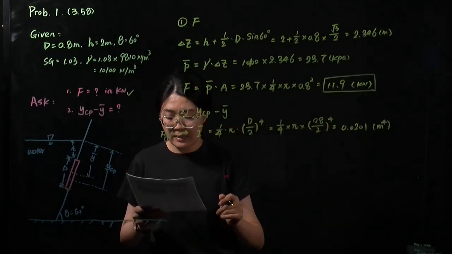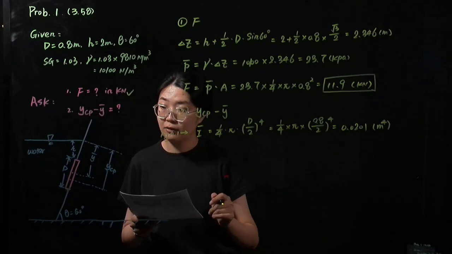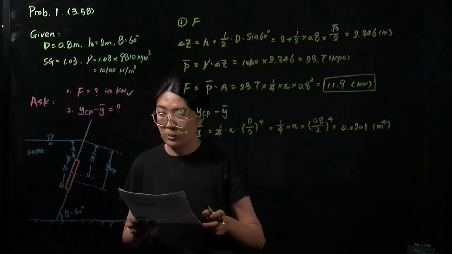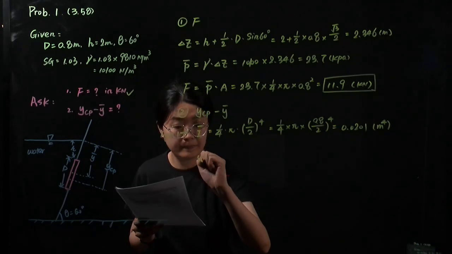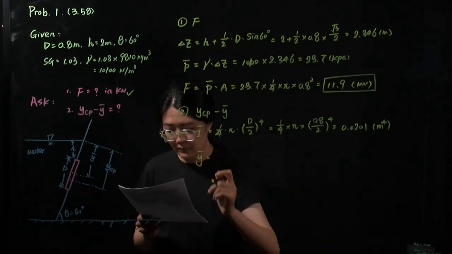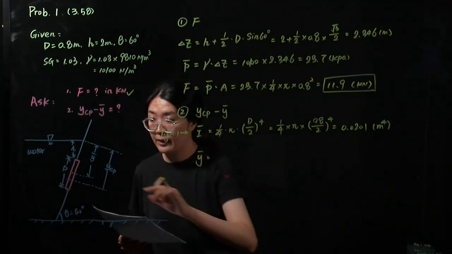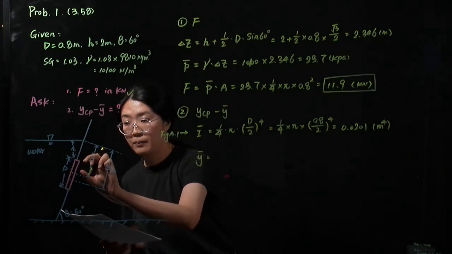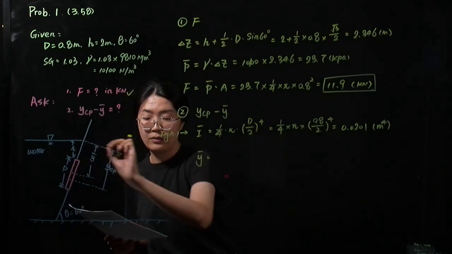Now, the next step, we should calculate the distance from the centroid to the surface. It's y bar. The y bar should equal half of the diameter plus this distance, right?